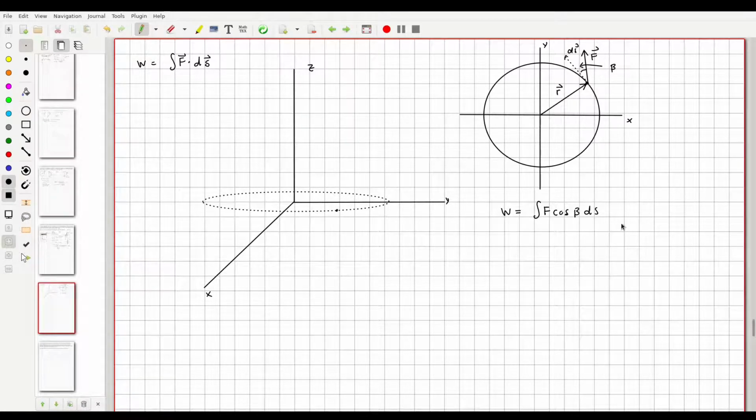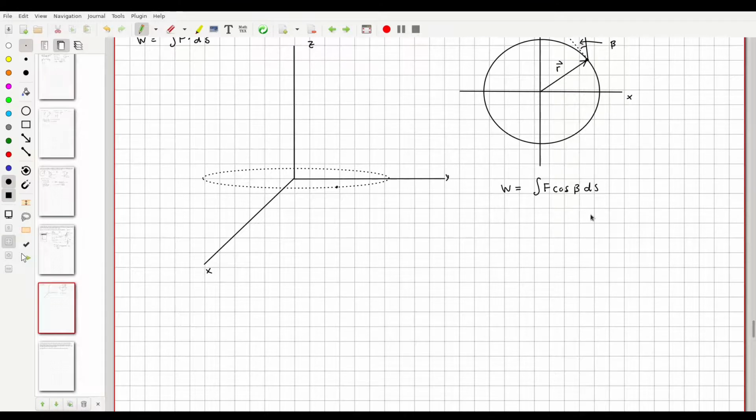Now, we know that ds along the arc of the circle, if r is constant in magnitude, looks like r times d theta. Now, let me shove this in here real quick.